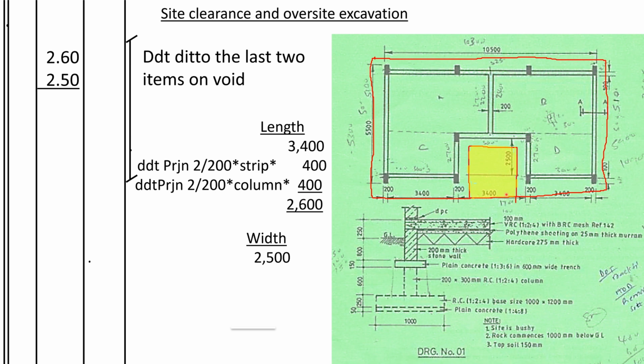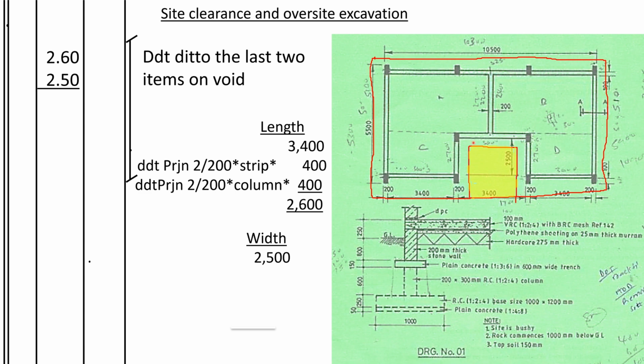Then the width now. The width we have already been measured for from outside the wall to the inside of the wall. So we shall deduct this spread here from 2500. Then we shall add the thickness of the wall plus the spread. Alright, so coming to this space here for the spread, which has been 2500, we shall take 2500 minus this foundation spread.